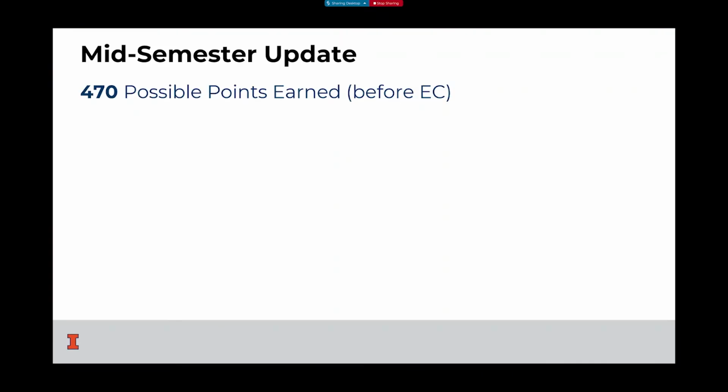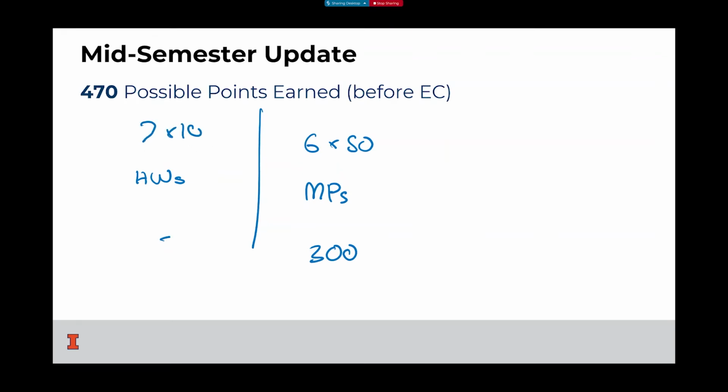At this point, there are 470 total points. That's 70 coming from homeworks, since you've had 7 homeworks, then 6 times 50 for the MPs, so that's 300, and then you've had 1 exam.